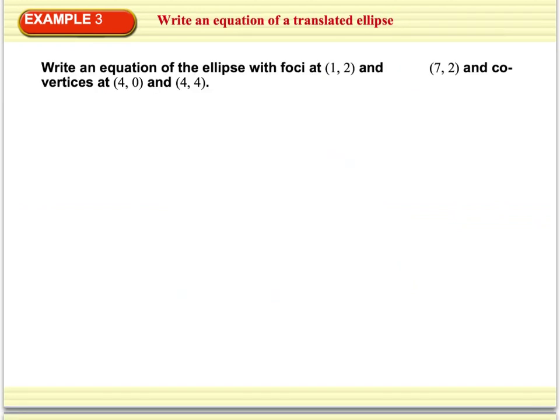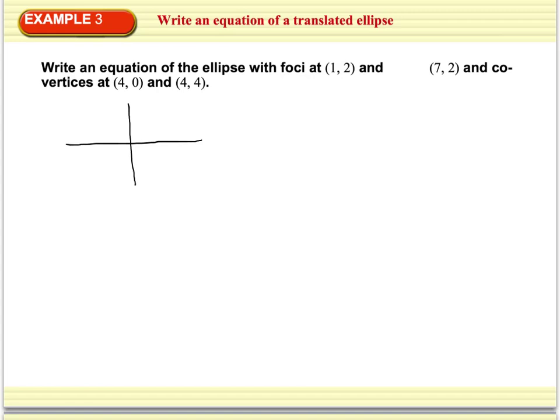Example 3 says to write an equation of an ellipse with a focus point at 1, 2 and at 7, 2, and then co-vertices at 4, 0 and 4, 4. Just like with the last problem, we're going to want to sketch what we've got here so we can tell which direction our ellipse is lying.